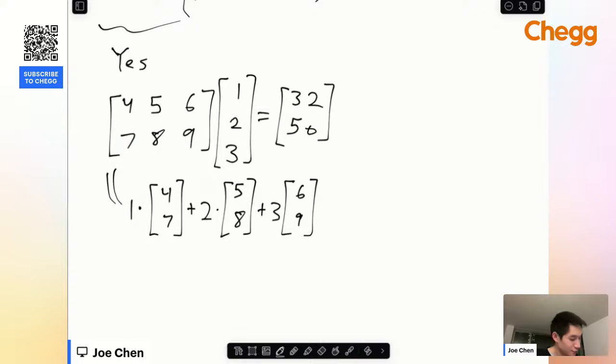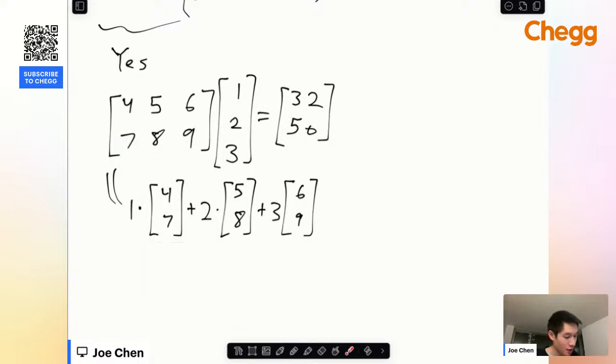Okay. So that means that whatever I get as the answer here is going to be a combination of the columns of the matrix, specifically it's given by this combination.